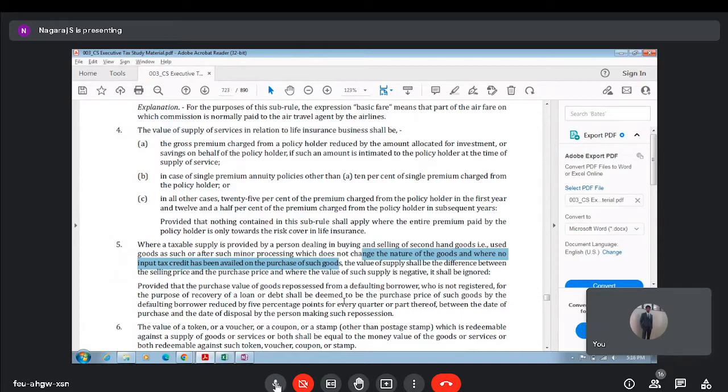Then what is the value of supply? On selling, there must be some value. In this case, for each quarter you have to reduce 5%, until the car is sold to a different person.